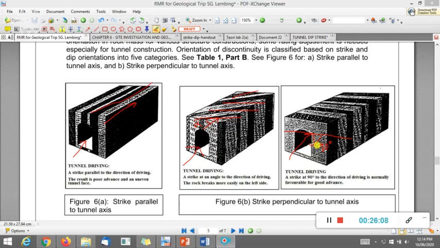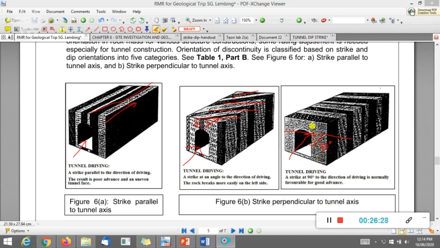But in this case, at 90 degrees, if driving against the dip, the slope or dip will directly fall or fail onto the driving or the driver.